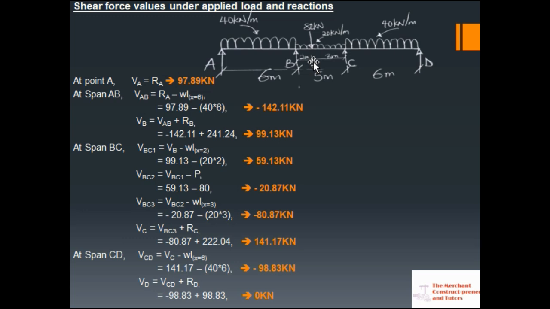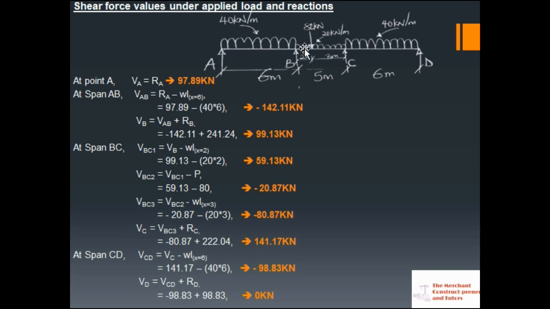Then from there, based on this point load, BC2, come here BC3. I hope you understand, but let's just take it step by step. Now VB minus WL at x equals 2. VB, what we got here, minus, the reason why it is minus is because it's downward force.